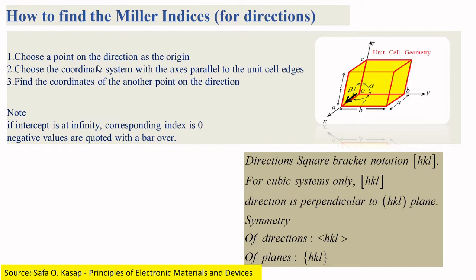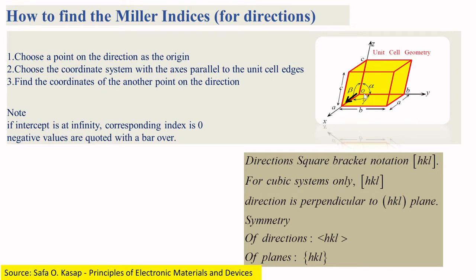The first step: choose a point on the direction as an origin. The second: choose a coordinate system with axes parallel to the unit cell edges. And third: find the coordinates of another point on the direction.